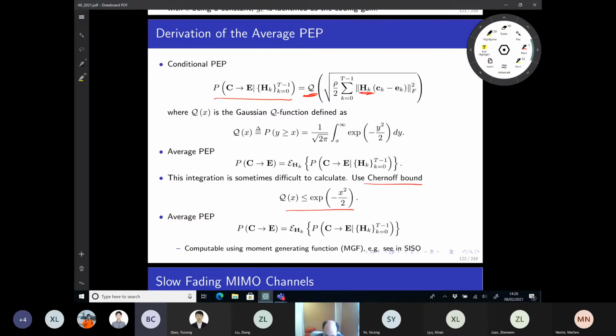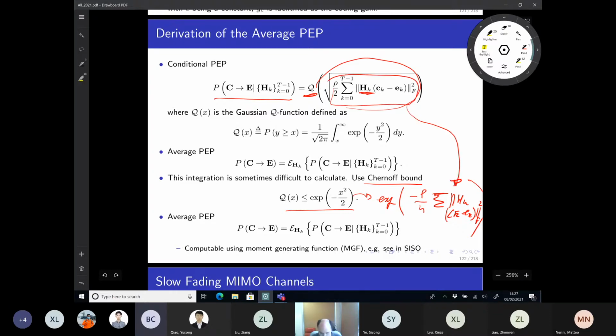Instead of having a Q of this big expression here, I now replace Q of x by an exponential. So I'm going to have exponential of minus rho over 4 of this quantity, the sum of h_k (c_k minus e_k) squared. I'm just writing this argument here.